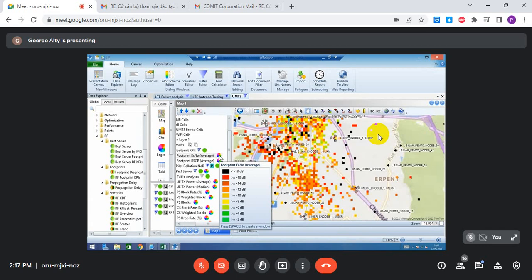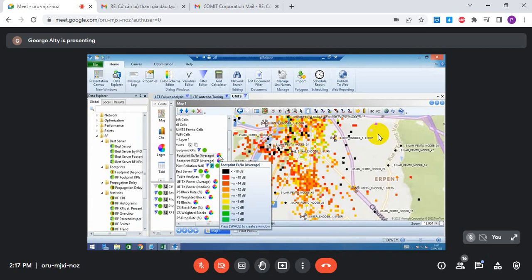So within this data set, that looks very much a candidate for doing something about. Anybody being served by this cell isn't receiving a good experience, and the people who aren't being served by that cell are also receiving a bad experience. So that may well be a candidate for a down tilt.